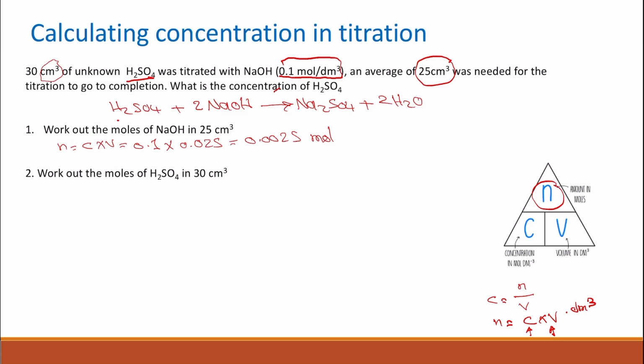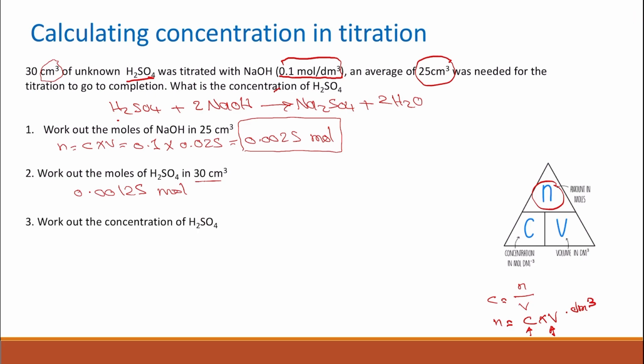That means the number of moles of sulfuric acid equals half the number of moles of sodium hydroxide at the end point, or when the reaction is completed. So 30 centimeter cubed of sulfuric acid will contain half this number of moles: 0.00125 moles of sulfuric acid.